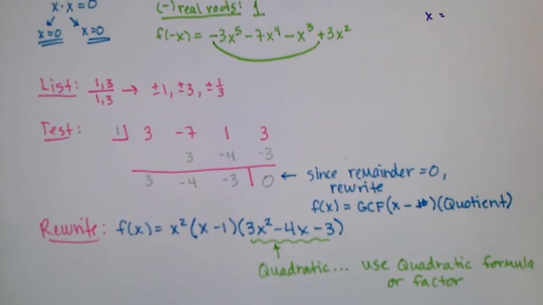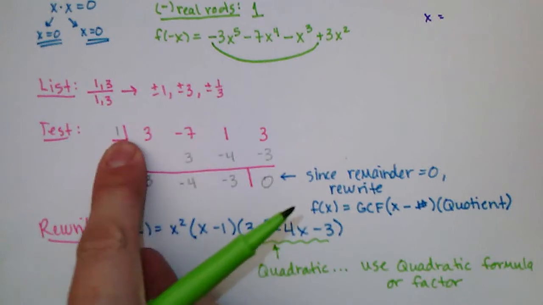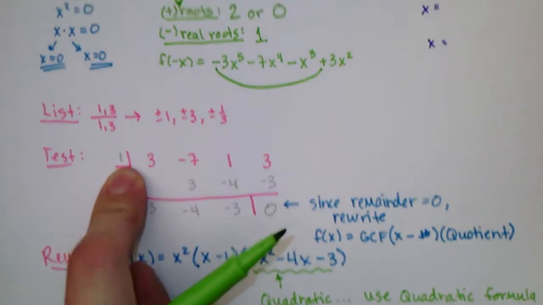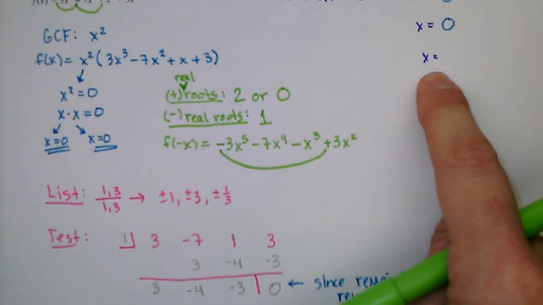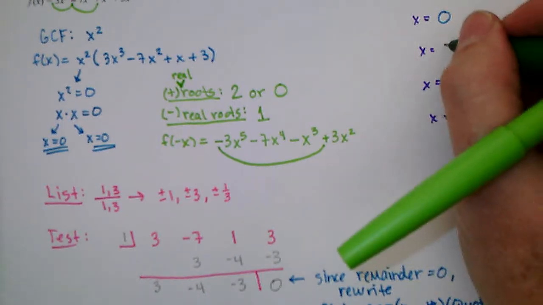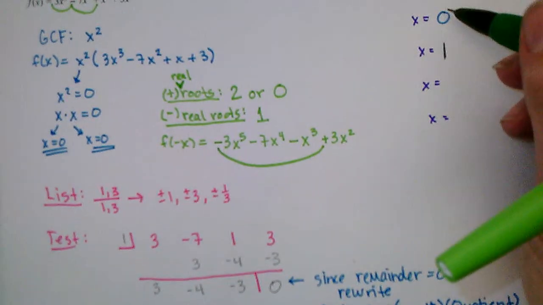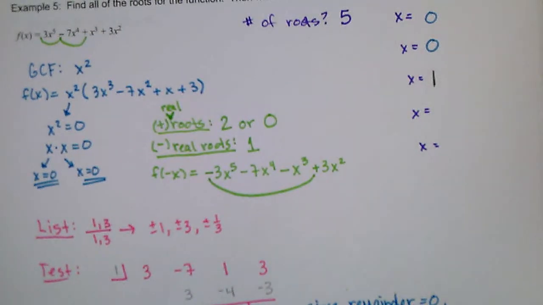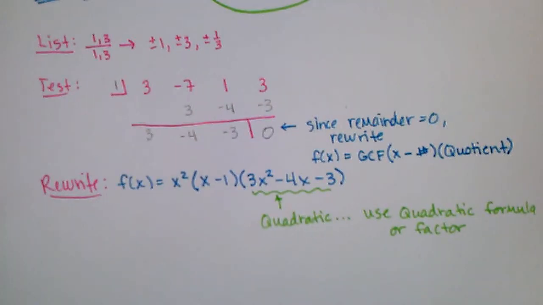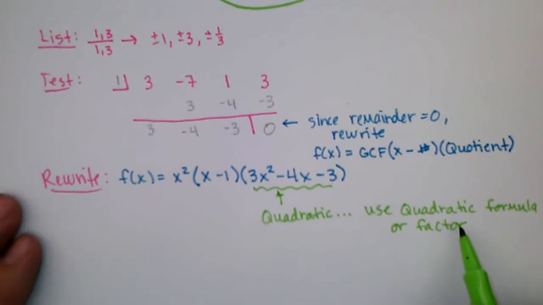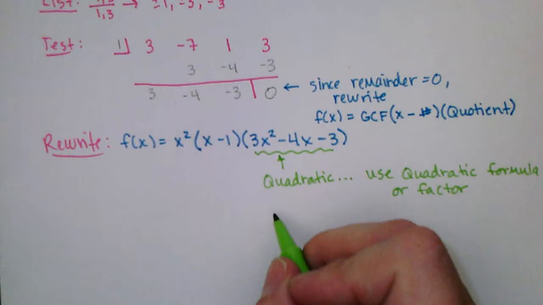Oh, you know what I forgot to do? I forgot to write this root up there in my list. So x equals 1. So now I have 1, 2, 3. I only need 2 more. And it sounds like I can use quadratic formula, which will give me the other 2 roots.